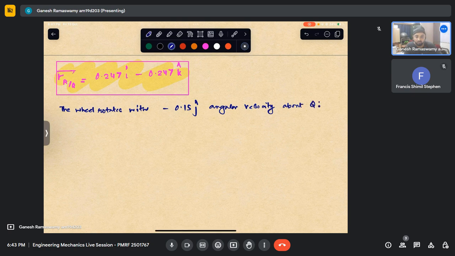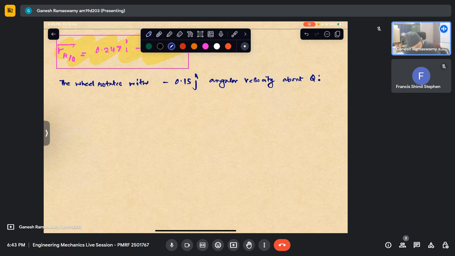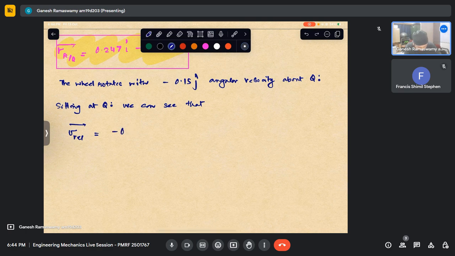So sitting at q, we can see that V relative is nothing but minus 0.15 j crossed with this r of r with respect to q, because we are sitting at q and we are looking at r.